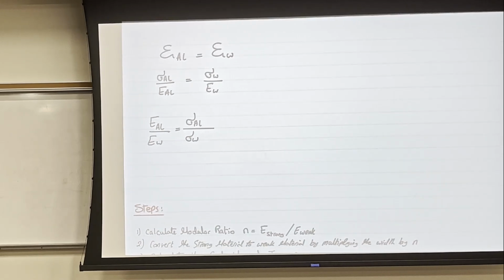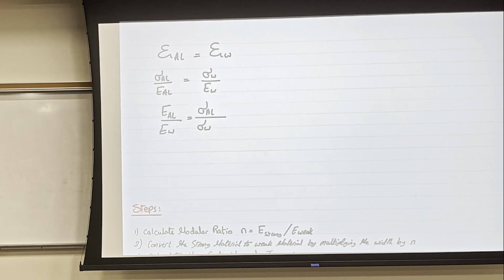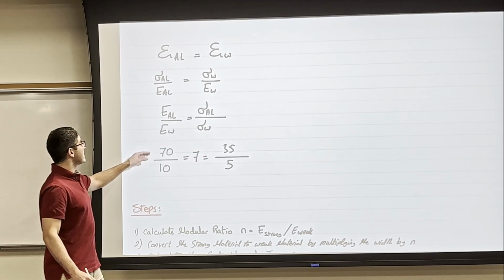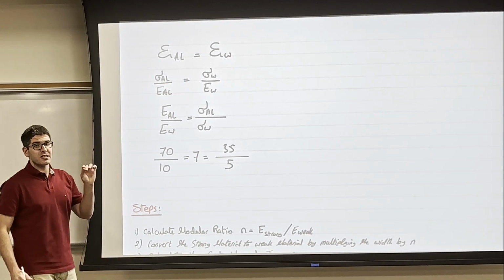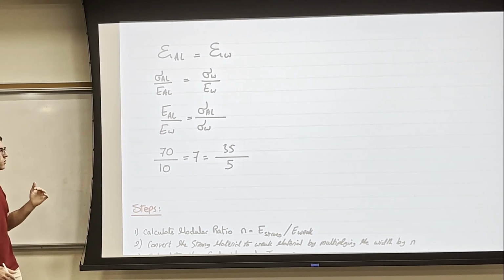If you remember, the modulus of elasticity of aluminum was equal to 70, and the modulus of elasticity of wood was equal to 10, which gives 7, which is the same as the ratio of the stresses of the aluminum over the wood, which was 35 over 5. So now I know where the 7 came from. The 7 is the ratio of modulus of elasticity of aluminum over the wood.